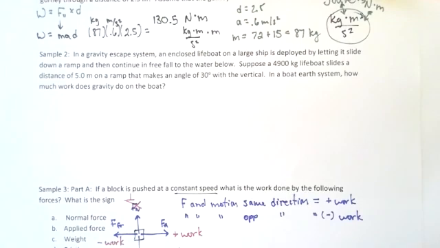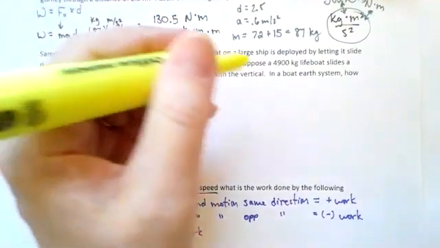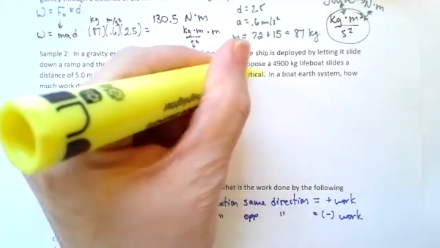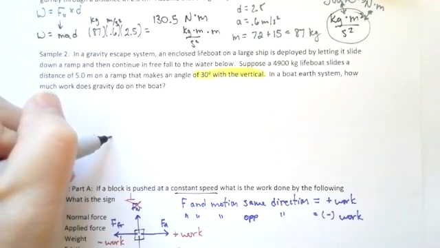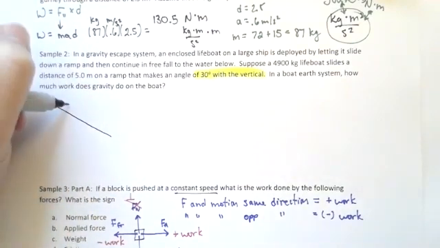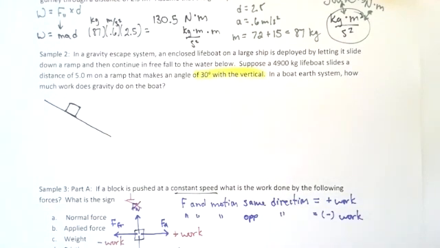One of the things I want to point out right away is that this says 30 degrees with the vertical. Now, everything we have had has been an angle with the horizontal. So why did they change it? All right, let's look at this. Let's do a free body diagram here. So here's my ramp. Here's my boat. We're assuming frictionless. I don't know if the problem says that, but we're going to assume frictionless.